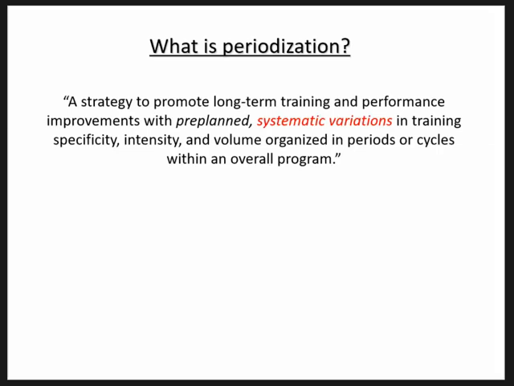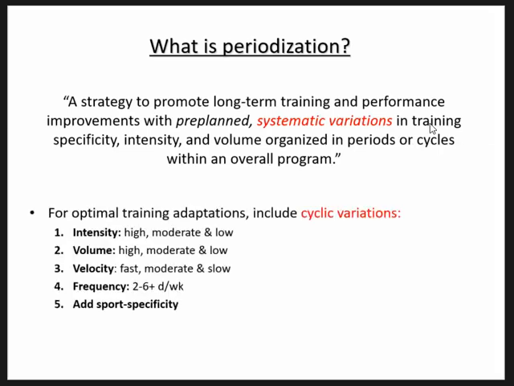So we have a plan when we design our program. We know exactly what we want out of each phase. We'll learn what systematic variations are, but it's just changing up the specificity, intensity, and volume of our training, and we're going to organize our training into periods or cycles throughout this program.